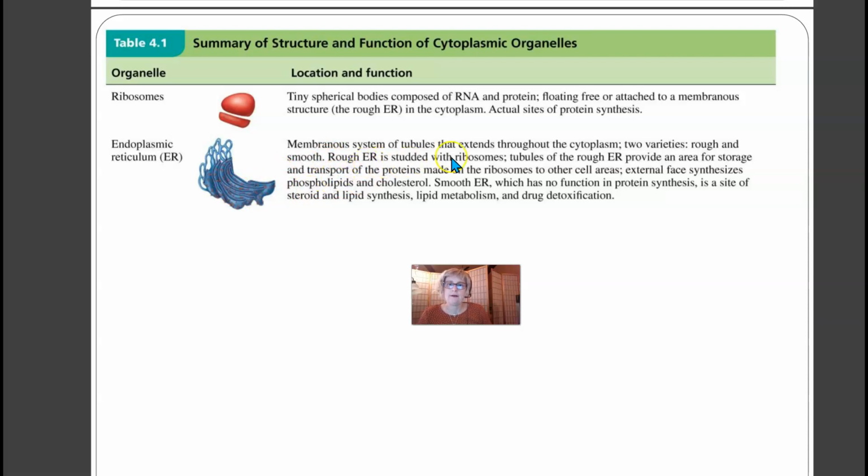Okay, so it provides an area for storage and transport of protein that's made on the ribosomes. Okay, and then of course if we look at the smooth ER, which has no function in protein synthesis, instead is a site for steroid and lipid synthesis, lipid metabolism, and drugs, as mentioned before.